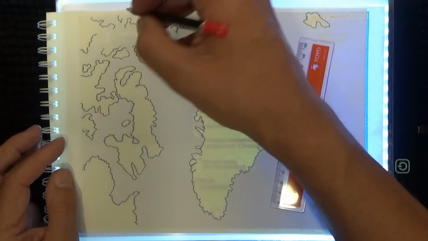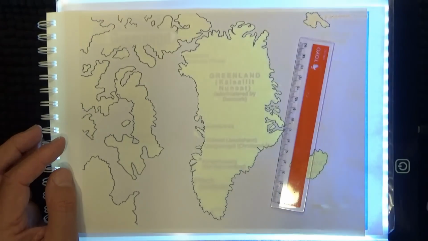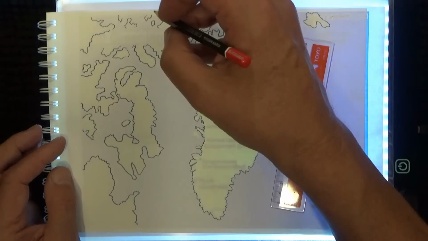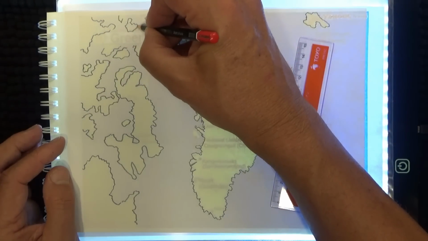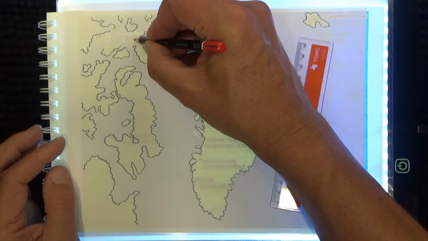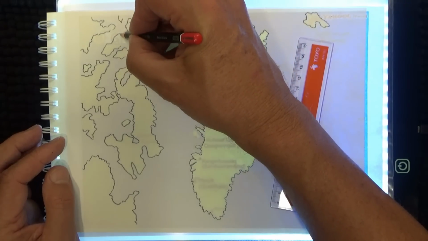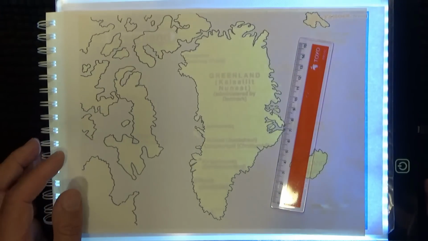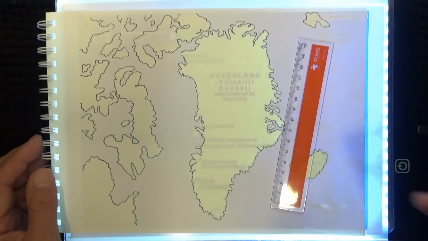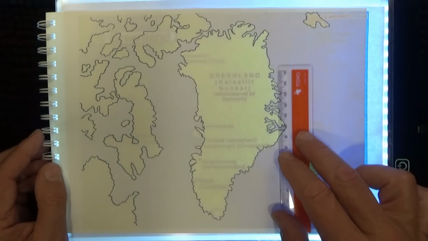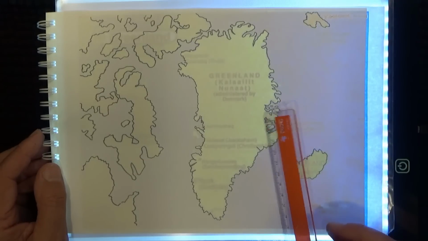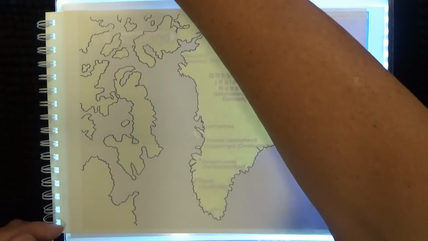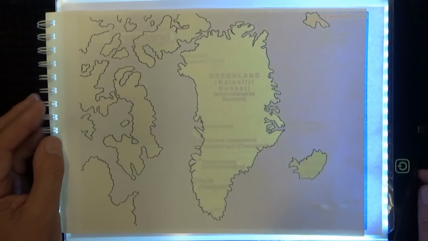Okay, there's a bit of a sign there, so I'm not sure how that all works now. I'm just going to guess and draw these around like so to finish off the map of Canada. Okay, now move my ruler out of the way. It took me a while to draw that.